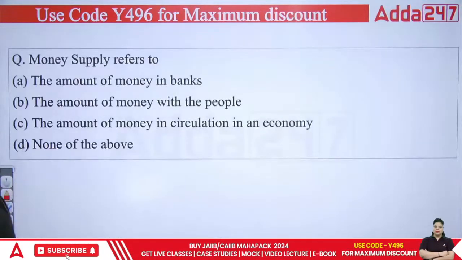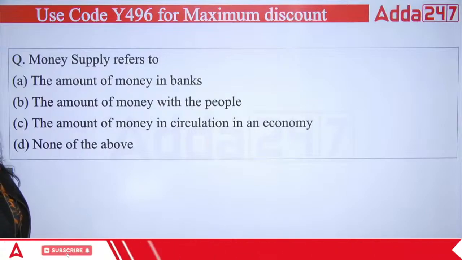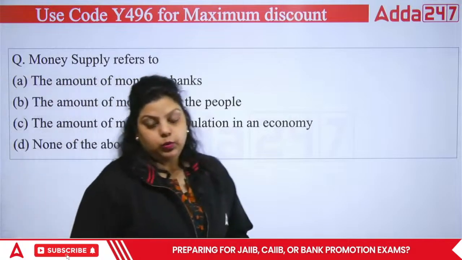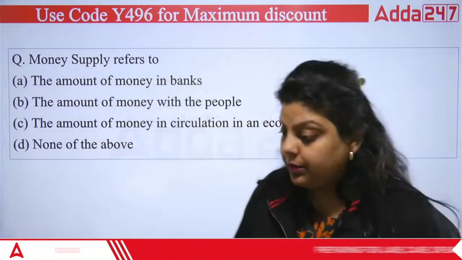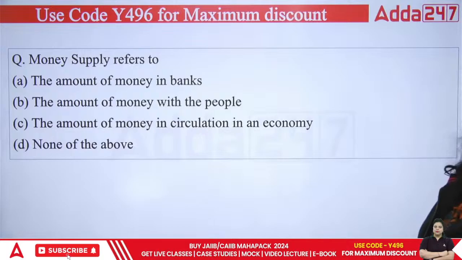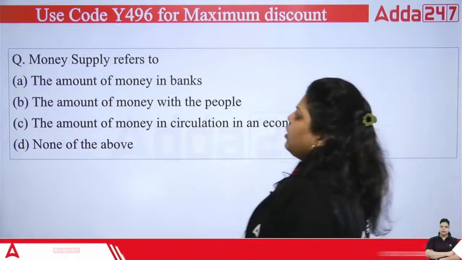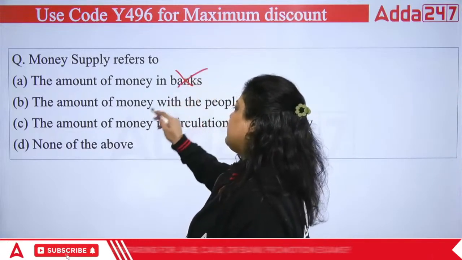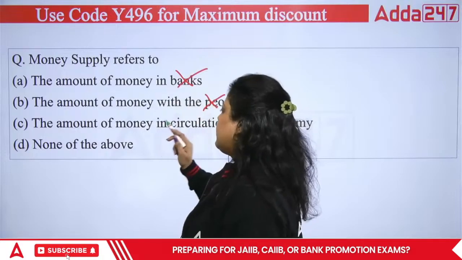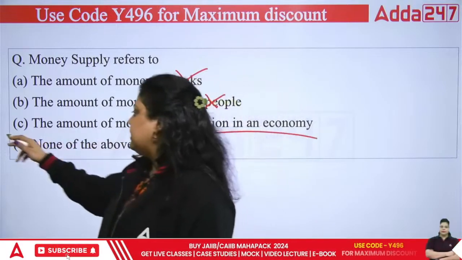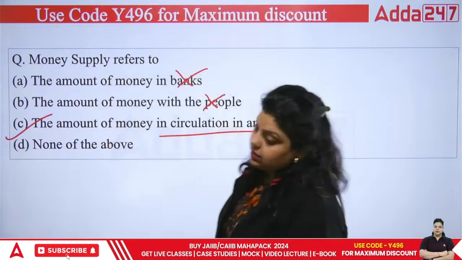Okay, next. Money supply refers to. What is money supply? I have told you money supply is liquidity. And when you talk about liquidity, it means cash only. So the amount of money in banks, the amount of money with people, the amount of money in circulation in an economy, that's true. That's the money supply.